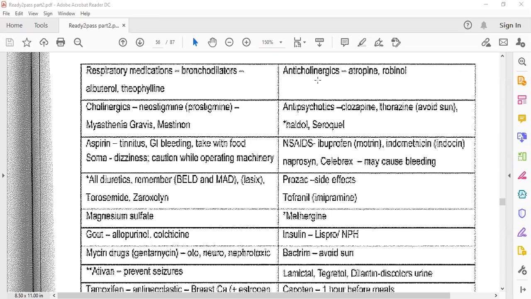Anticholinergics are the drugs that block the action of acetylcholine. Acetylcholine is a neurotransmitter or a chemical messenger.